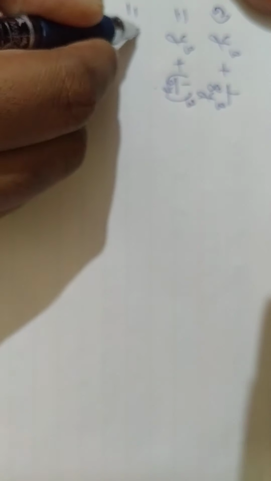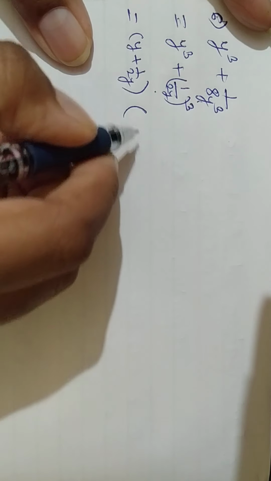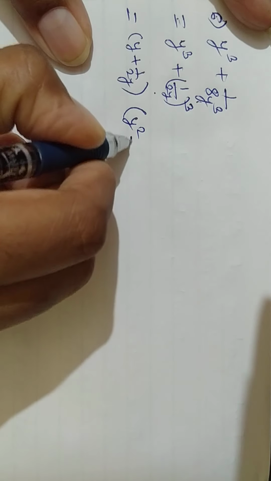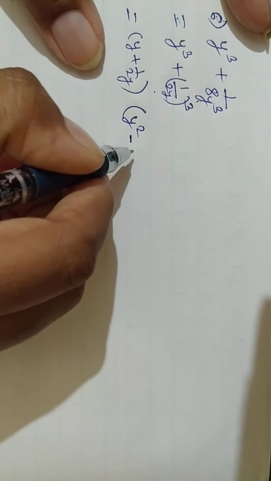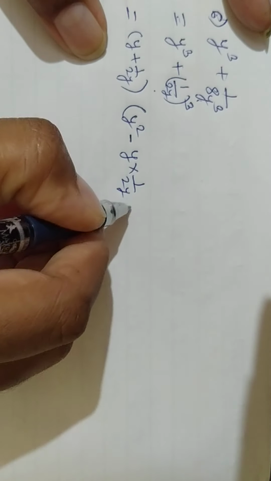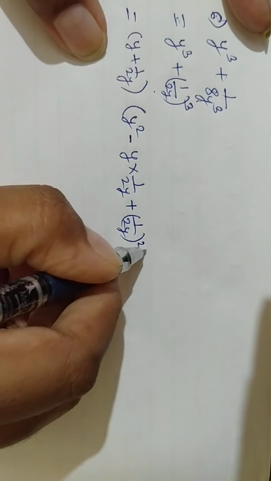Now put this in the formula. First bracket y plus 1 upon 2y, second bracket a square, y square, here minus sign is there, minus ab, that means y into 1 upon 2y, plus b square, 1 upon 2y bracket square.